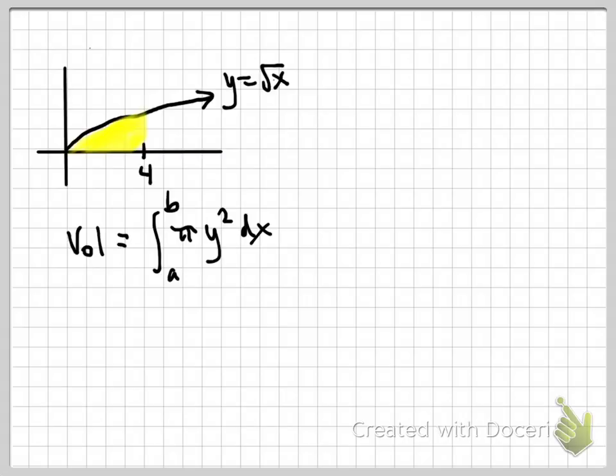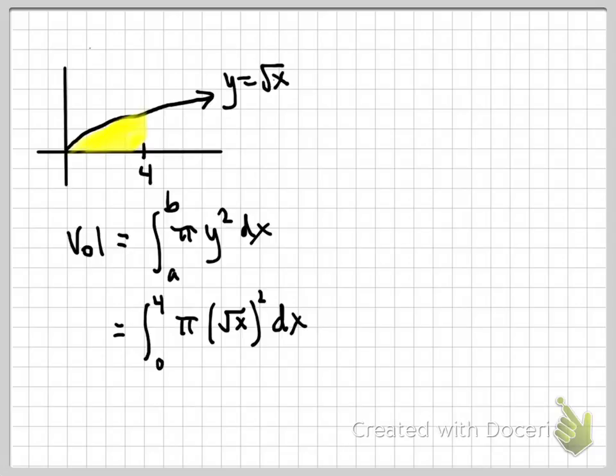Well, that would be equal to the integral from 0 to 4 of pi times our y value, which is going to be the square root of x, wherever the x value is. We would square that, dx. If you were confused about why we had y squared dx in there, now I think you see that we always represent what y is in terms of x, and so that y value is going to be expressed in terms of x, hence the dx.